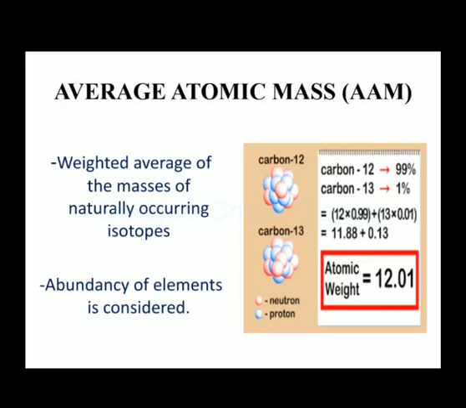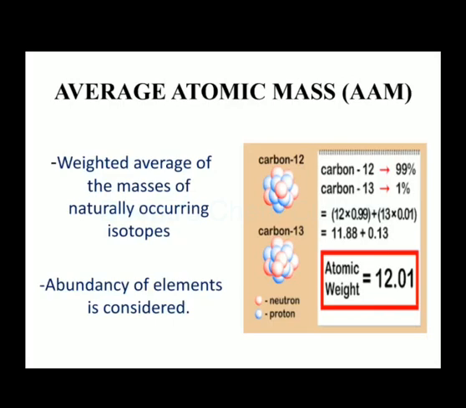While we calculate the weighted average, we first multiply the abundance by the atomic mass of that isotope. For carbon-12, the atomic mass is 12 into the abundance 99%, so 99 divided by 100, that is 0.99. So 12 into 0.99, plus, for carbon-13, the atomic mass is 13 and its abundance is 1%, so 1 divided by 100, 0.01.